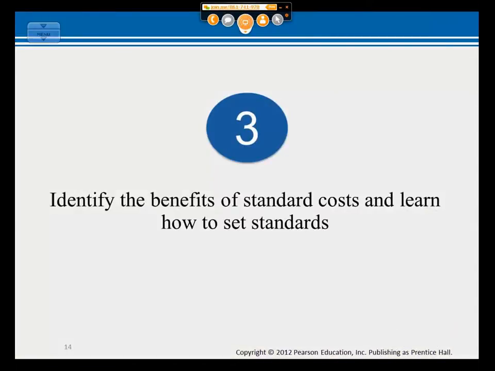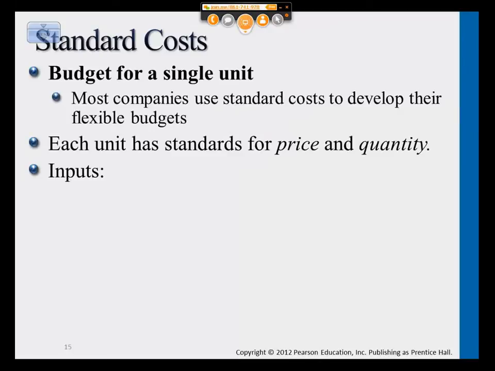A third objective is to identify the benefits of standard costs and learn how we set those standards. So now just a little bit of theory. No worries, we'll have plenty of calculations in like 2 slides. Okay, so what is a standard cost?